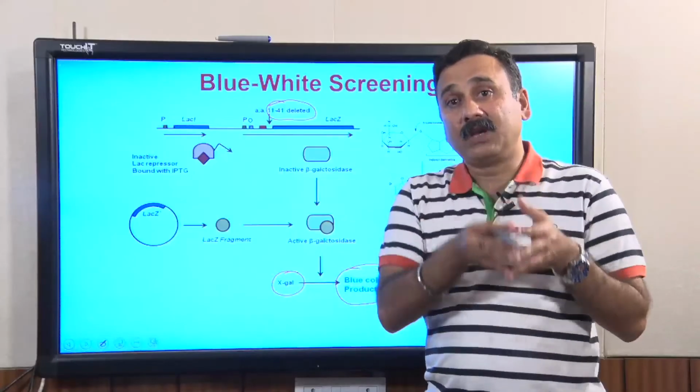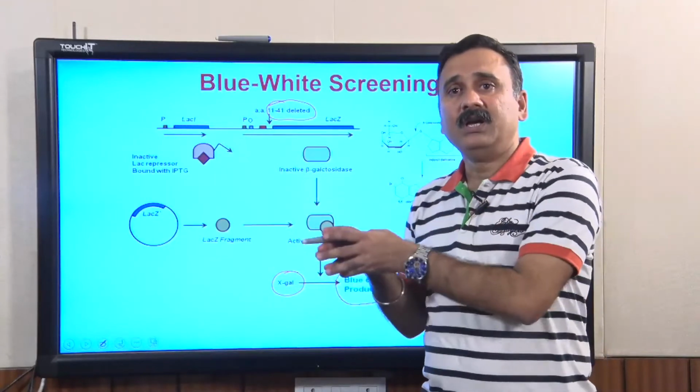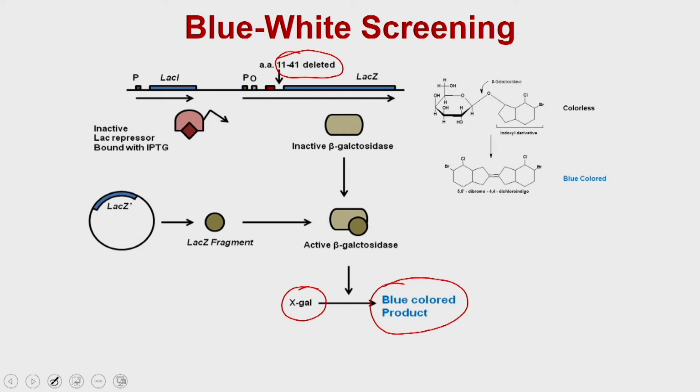Because of that, if the recombinant DNA is transformed into the host, the LacZ is going to produce inactive beta galactosidase, and it is not going to process the X-gal to a blue color compound, and as a result you are going to see colorless colonies.